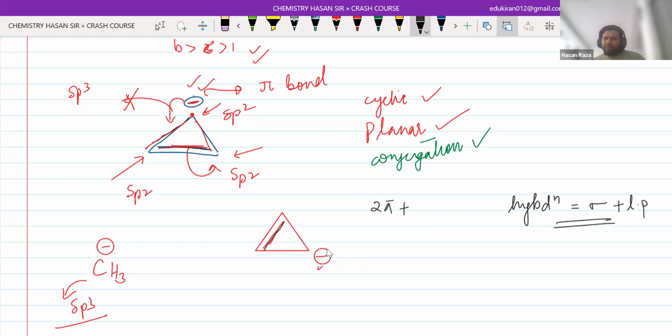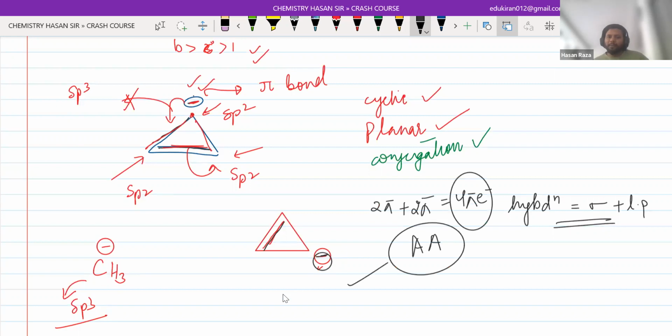And you can see this negative charge is also pi electron because it is delocalized. Delocalized, that means it can form pi bond after drawing the resonating structure. So 2 pi electron becomes 4 pi electron, and 4 pi electrons come in anti-aromatic. That's why this compound is anti-aromatic.